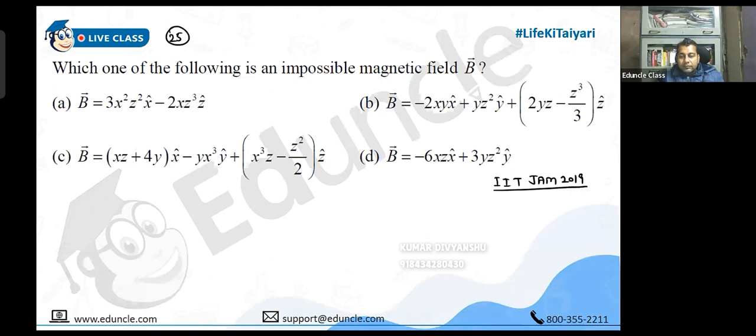Very good, Arun. Very good, Aksh, Rita, Durga, it is the impossible, not a possible one. It's option B. All others give del dot B as 0.